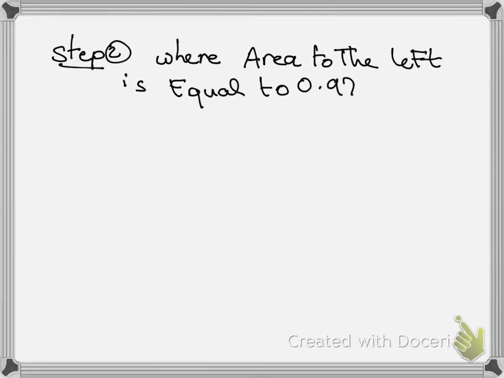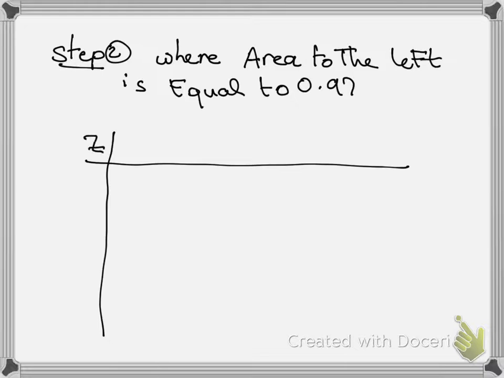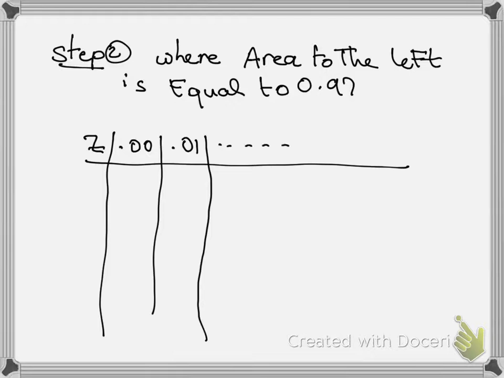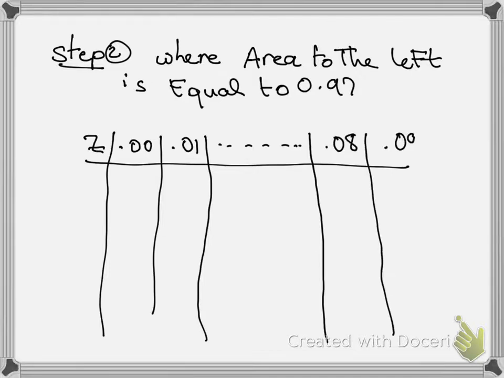So here's your table. Again, here's your z, so you have 0.00, 0.01, etc., and then you have 0.08, and then you have 0.09.